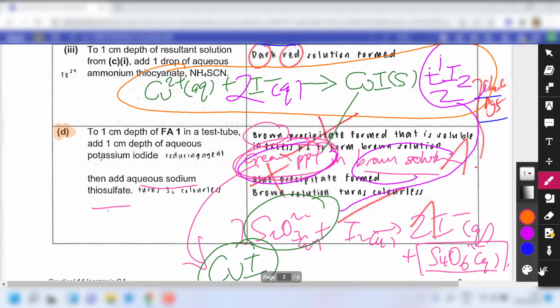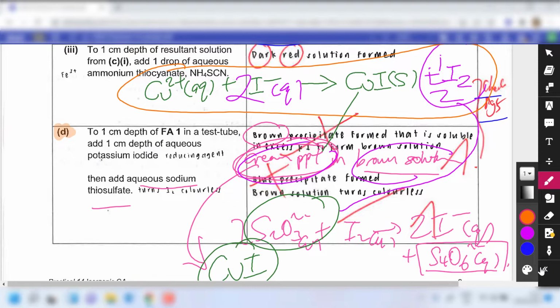My answer is yes, I do expect iron 3 to oxidize iodide to iodine as well. But that is not being discussed here. Why is that not being discussed? I think number one, we are not testing for the presence of iron 3 and iron 2 in the process, if you realize.